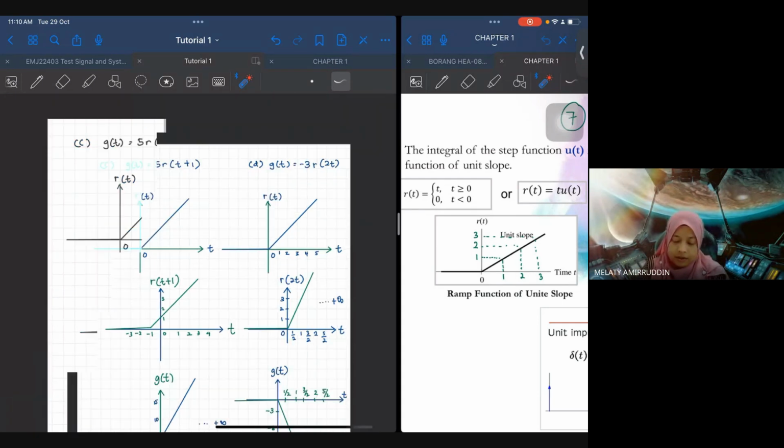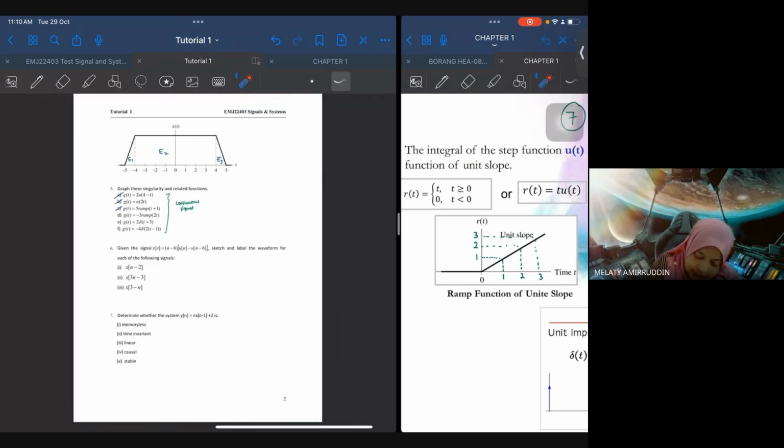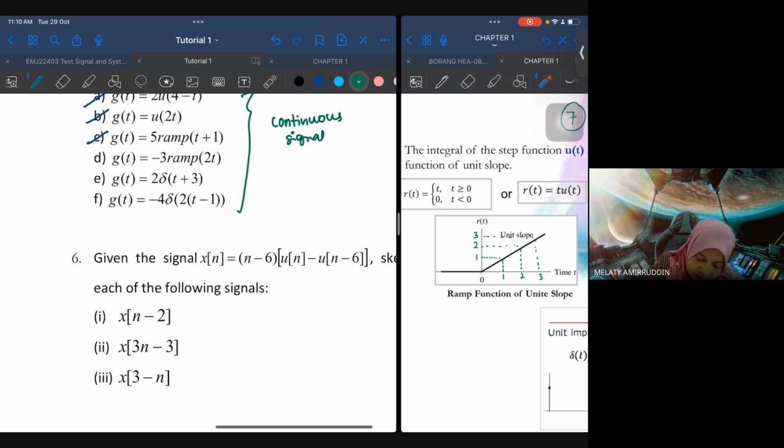Okay, now we go to the question on impulse. This is impulse. Okay, impulse is very easy.